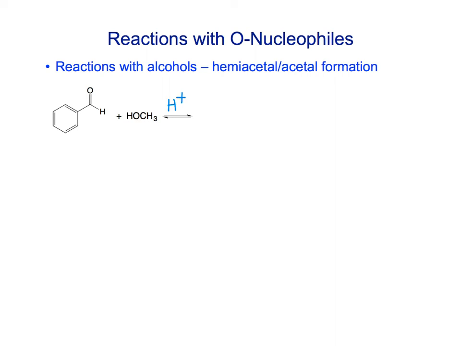So we add a small amount of sulfuric acid or hydrochloric acid or something like that. Just like with alkenes, remember we could do a hydration. We could also add an alcohol where it adds H to the one side and the O alkyl group on the other side. Okay, so that same thing's going to happen.